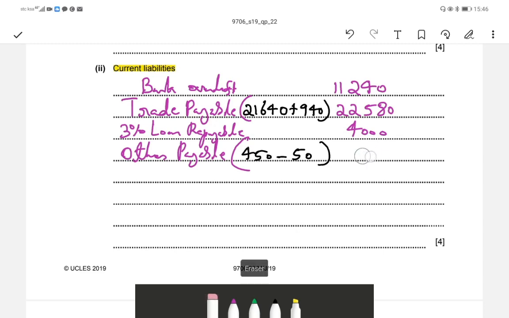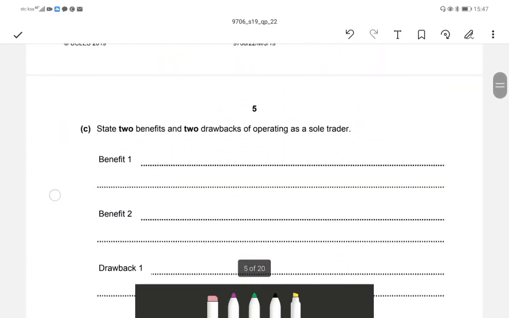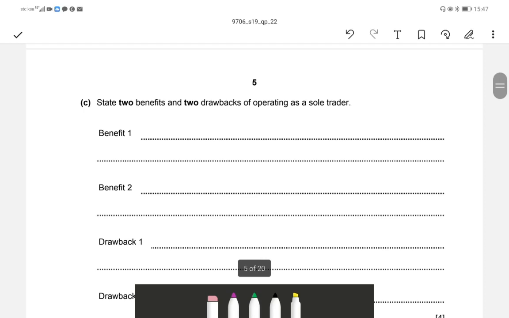So the total expense... $38,220 is the current liabilities. Clear?